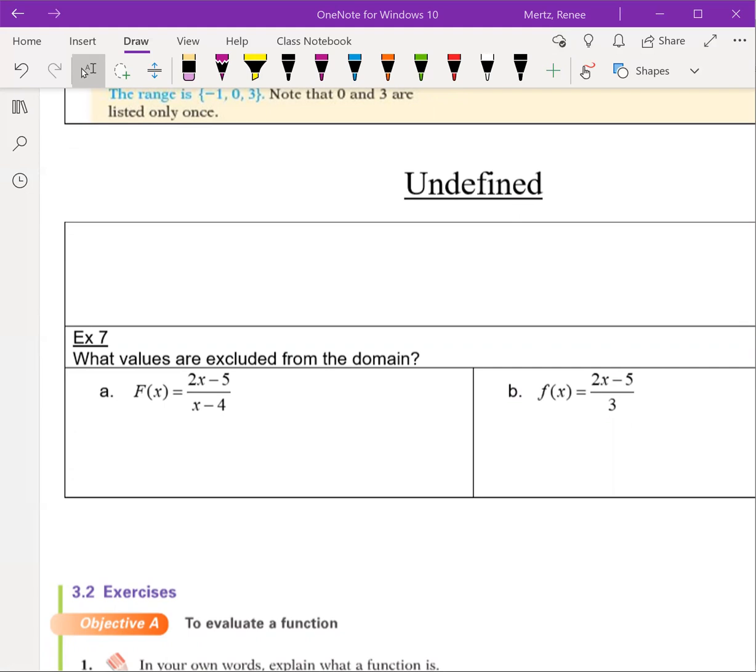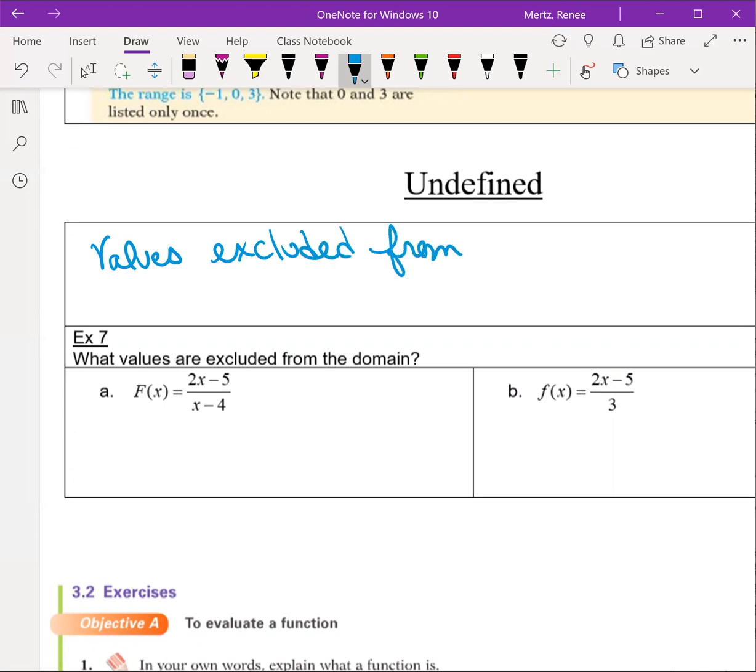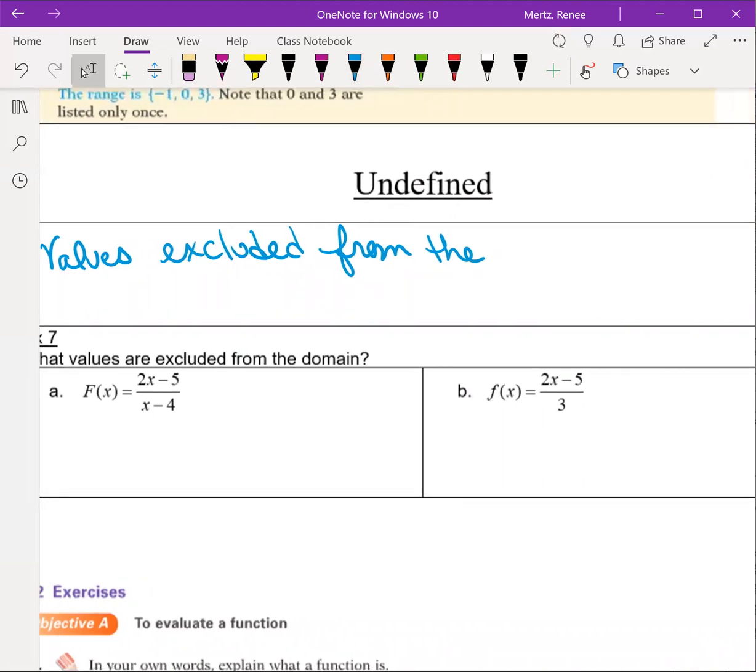They are the values excluded from the domain because they make the denominator 0. So values excluded from the domain. Remember, we can't divide by 0. That's what it means to be undefined.